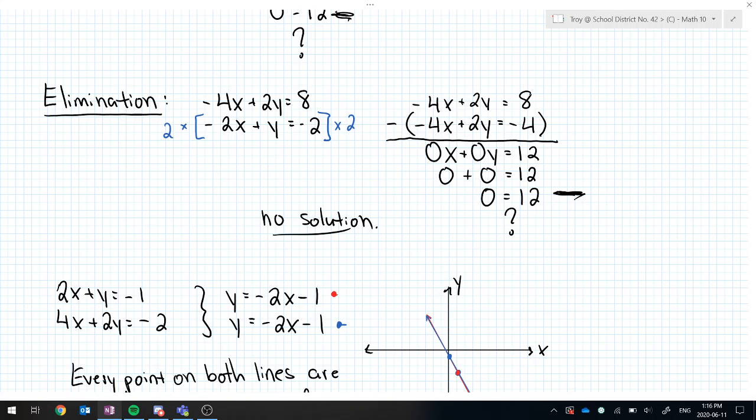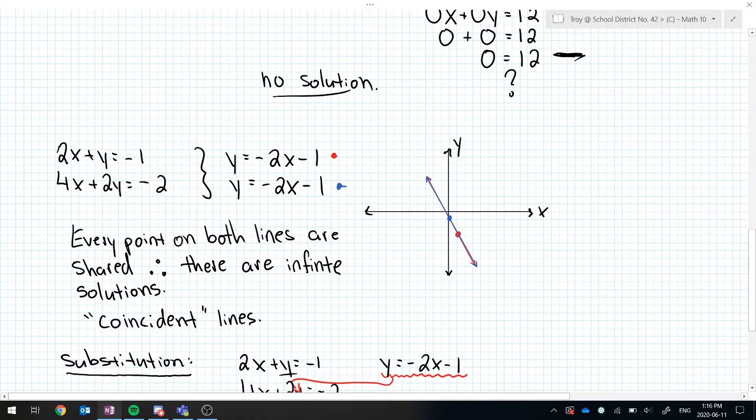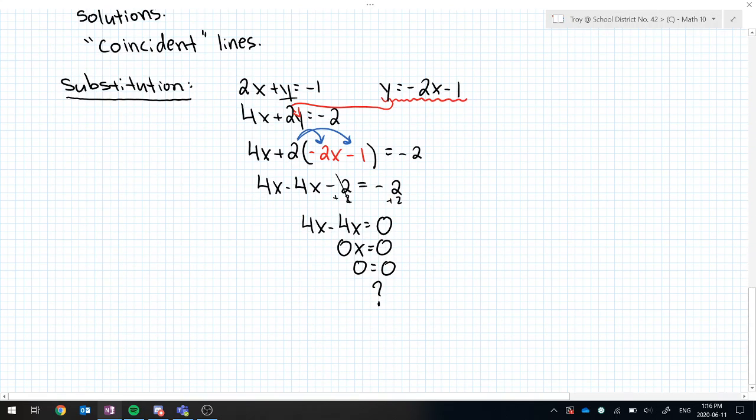Compare that with the situation here where we have coincident lines, or two lines that are the same, that have an infinite amount of solutions. Again, our variables disappeared, but we were left with a true statement, 0 equals 0. And of course, 0 does equal 0. Those numbers are the same. They're equal. So what that means is that's how we can recognize what case we're looking at when we're not given the graph.